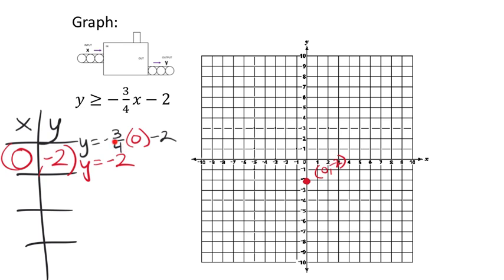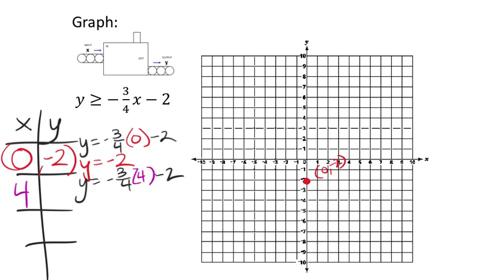Now I see my denominator is 4, so my next x value should be a multiple of 4, which itself would be its own multiple, 4. Now this is to prevent any fractions or decimals coming out, because we don't want to graph those, or have to. So I'm going to say y equals -3/4 x minus 2, but again, I'm replacing the x with the value I've chosen, which is 4.